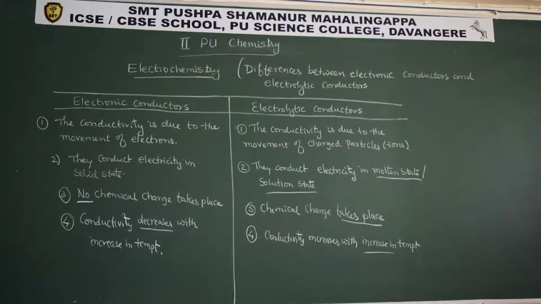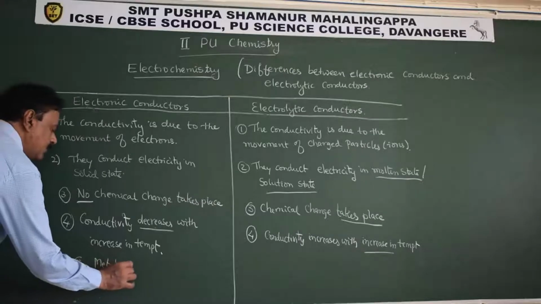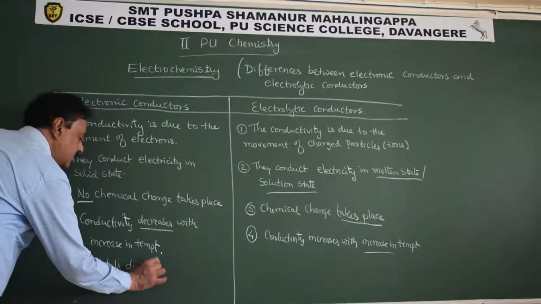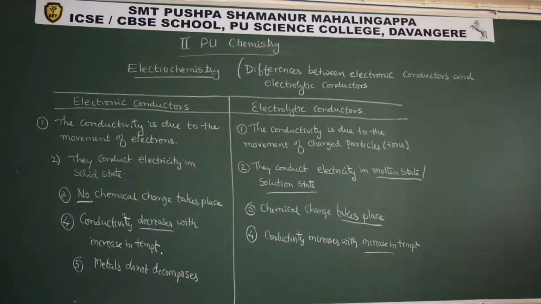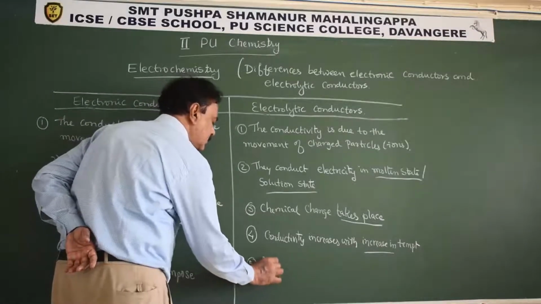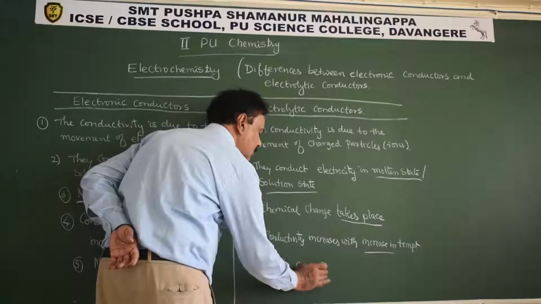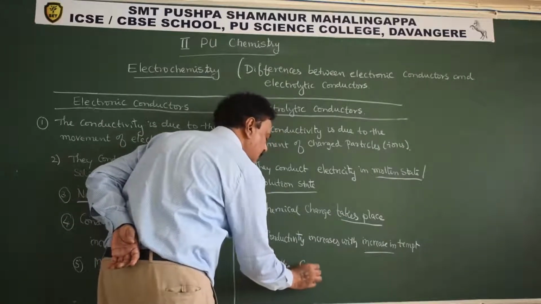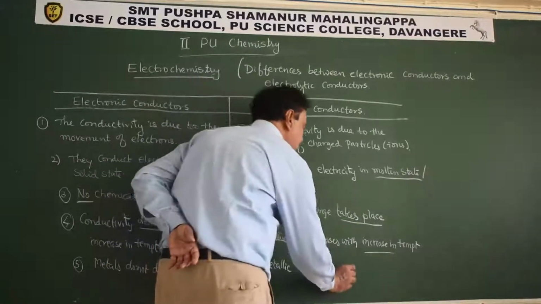Metals do not decompose. Metallic compounds or electrolytes undergo decomposition.